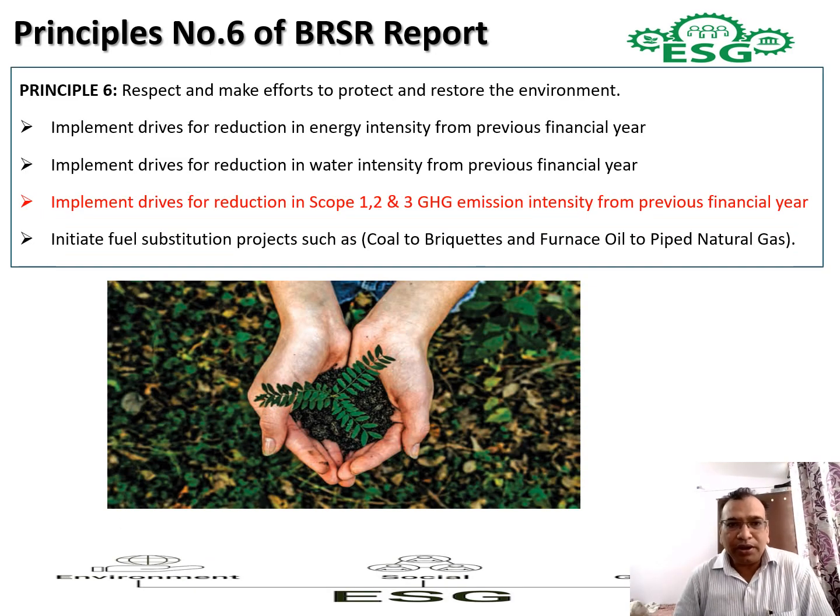Now once again we will repeat, under Principle 6 of the BRSR report, what does it say? Respect and make efforts to protect and restore the environment, such that it implements drives for reduction in energy intensity with respect to the previous financial year, reduction in water intensity with respect to the previous financial year, reduction in Scope 1, Scope 2 and Scope 3 greenhouse gas emission intensity with respect to the previous financial year, and initiates fuel substitution projects such as coal to briquettes and furnace oil to piped natural gas.